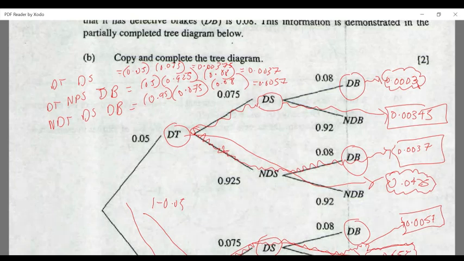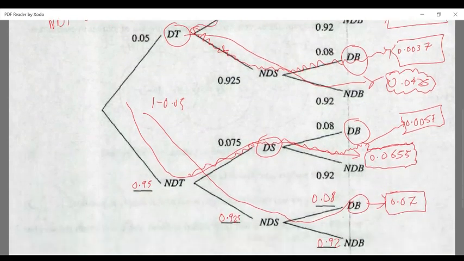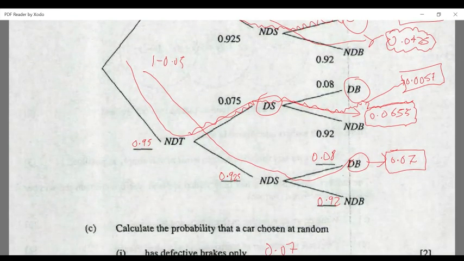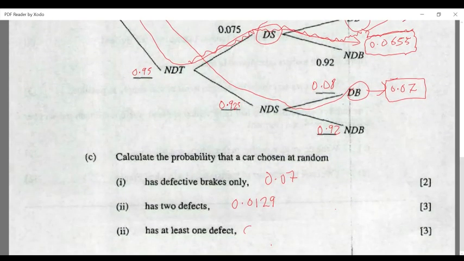So 0.0003 plus 0.00345 plus 0.0037 plus 0.0425 plus 0.0057 plus 0.0655 plus 0.07, and you end up with a probability of 0.19115.